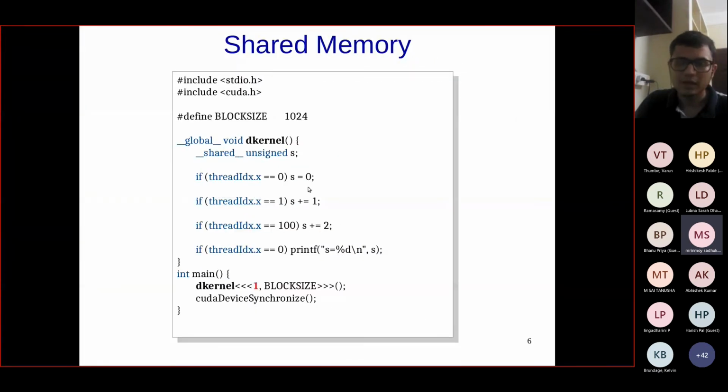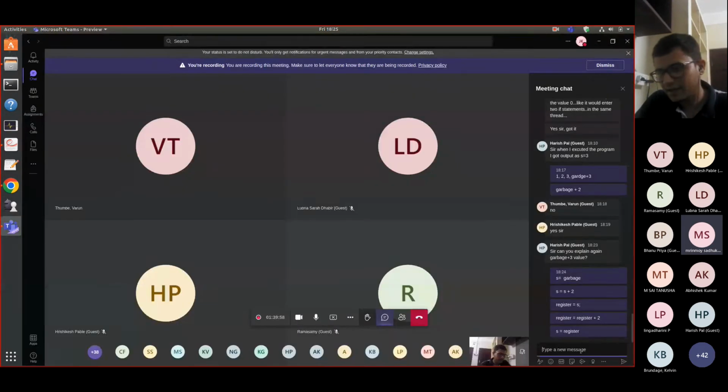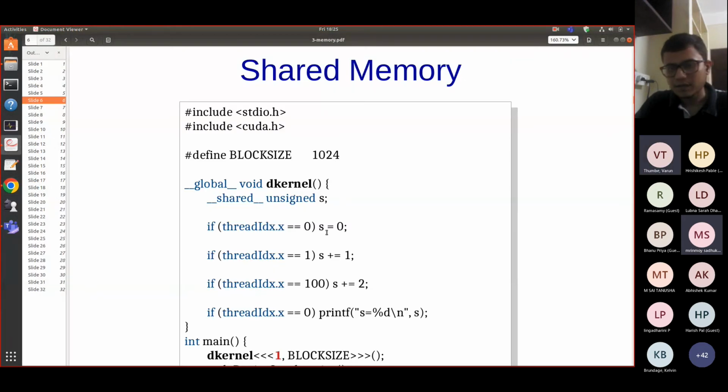Now let's say the write of garbage plus 2 into S is still pending. Meanwhile, S was set to 0, then thread 1 also incremented it to 1.